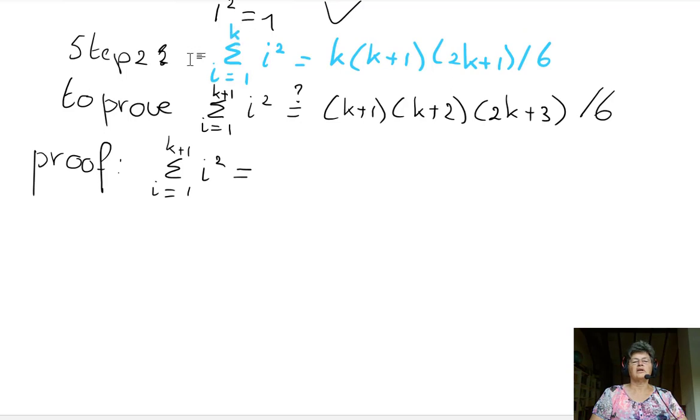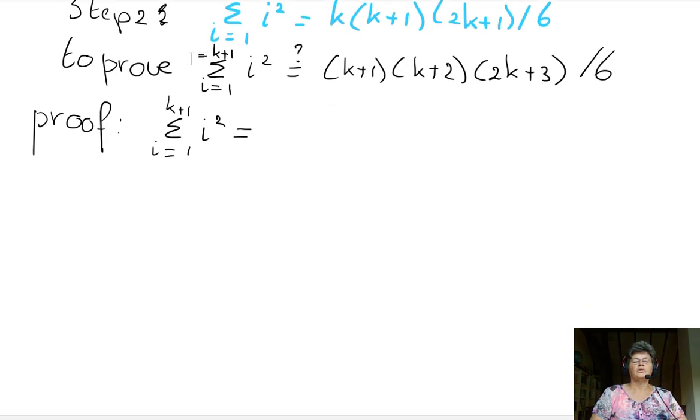So we can try to reason this sum into a sum with k. So equals the sum i being 1 until k of i square, but now I've left one element out, that is k plus 1 square.